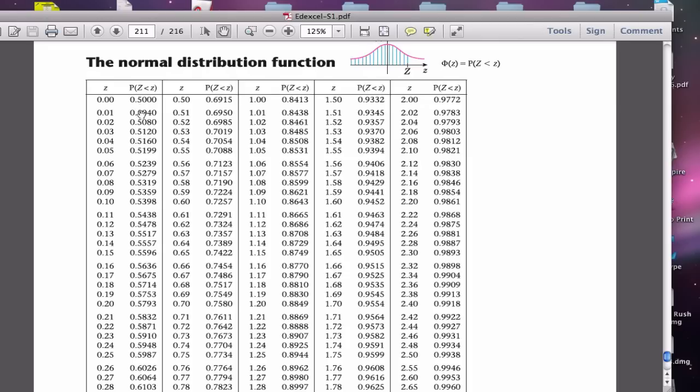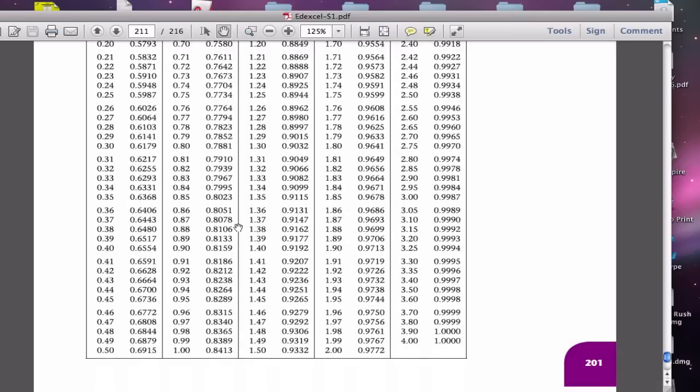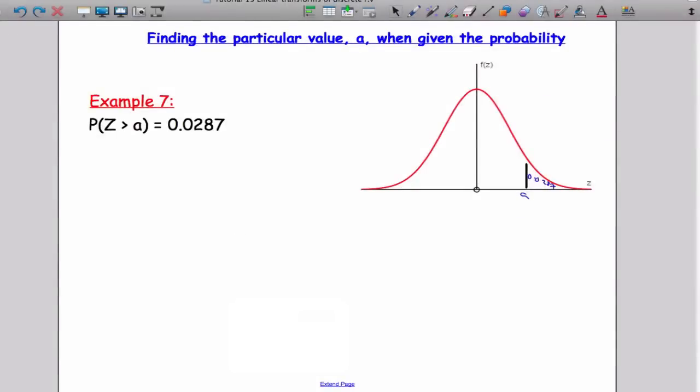So it must be less than 0.5 in the question. So I'm going to have to use the symmetry again.